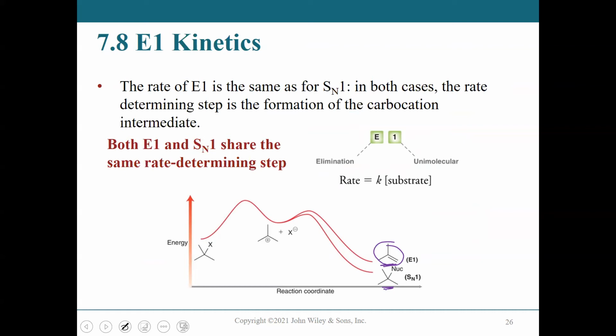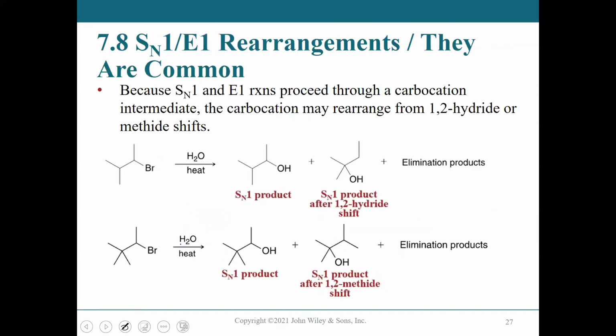Sigma bonds are more stable than pi bonds. That's what explains why E1 has a higher energy than the SN1 product. But the first step is exactly the same: the dissociation, the formation of the carbocation intermediate, and then you have the transition states for each of them. So they give different products, but it's unimolecular, meaning that the most difficult step only depends on the substrate, which is the starting material. You don't use the base until much later.